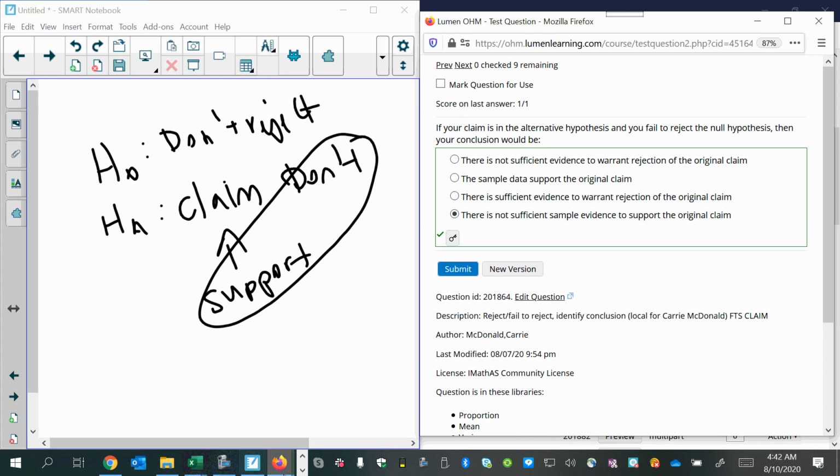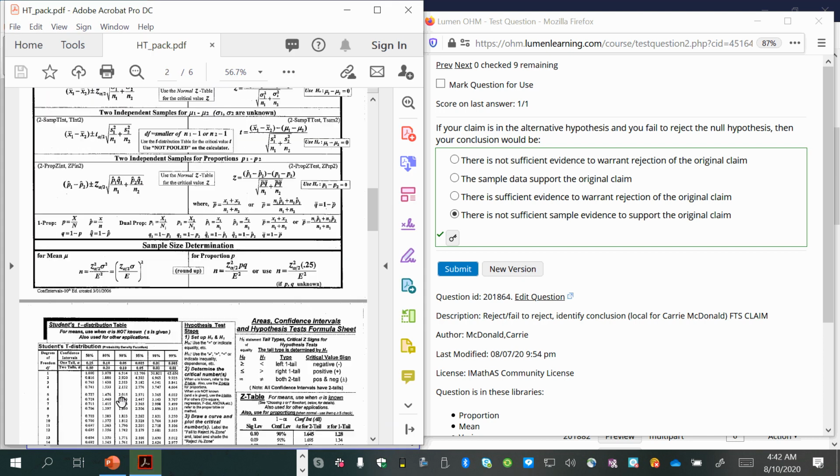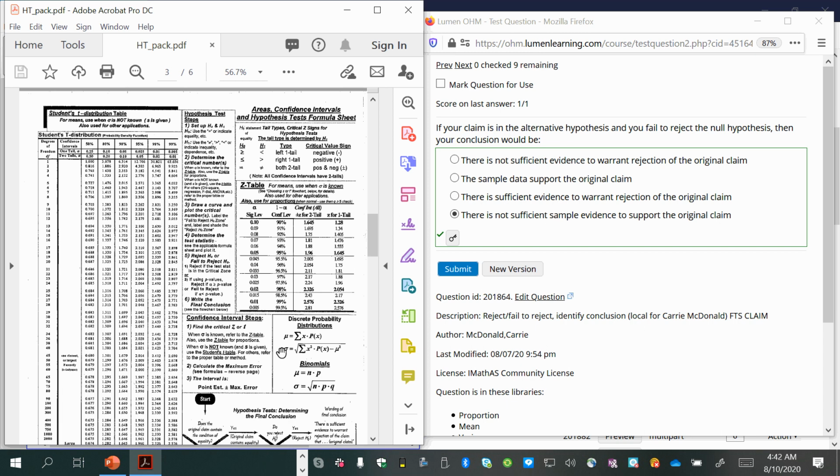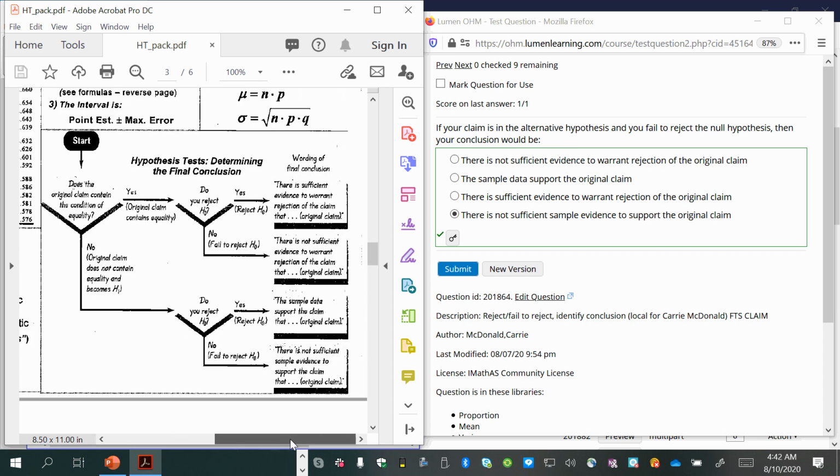Now, all of these steps are summarized in the reference packet. On the third sheet here, we have a flow chart, which takes us through a decision-making process with determining your final conclusion. The first question is, does the original claim contain the condition of equality?